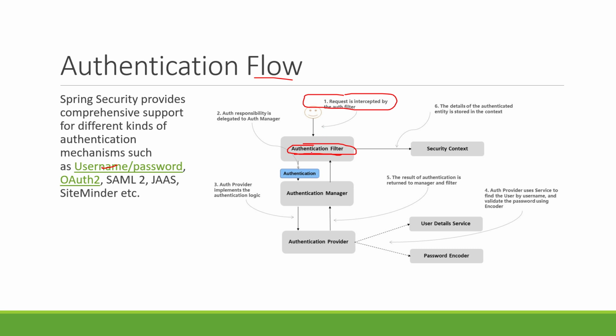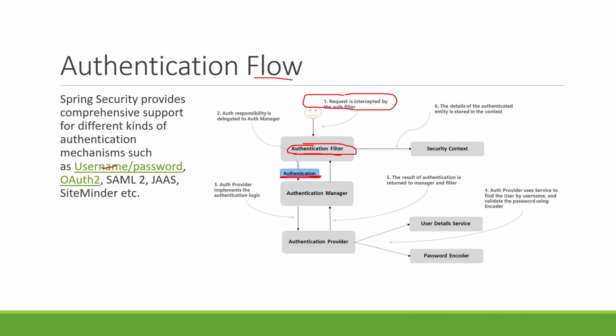And when we do this, we will have this authentication object. But this authentication object is currently not authenticated, which means authenticated is false. It just carries the username and password which the user input.